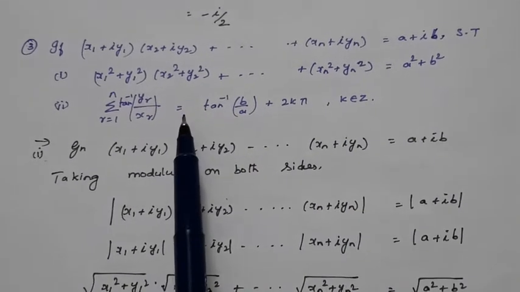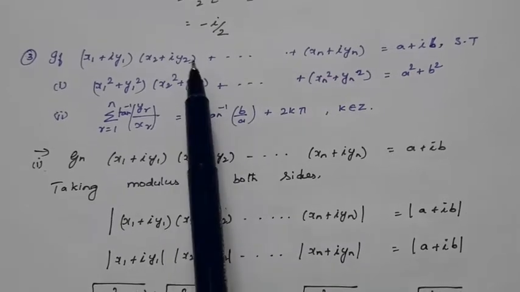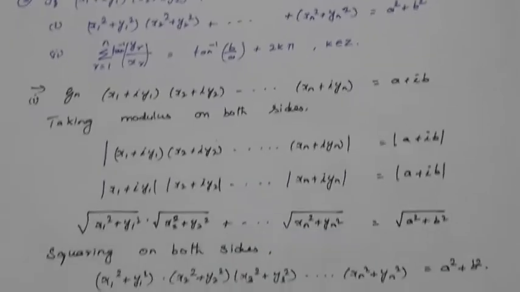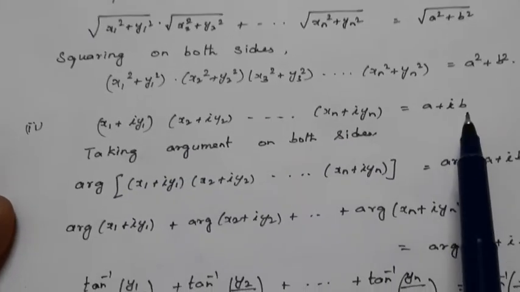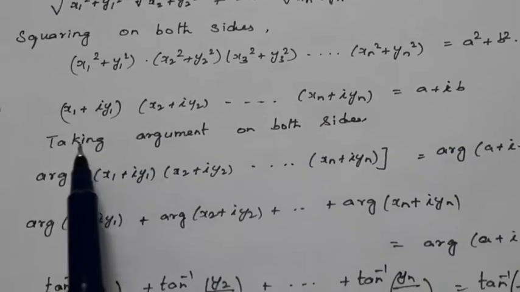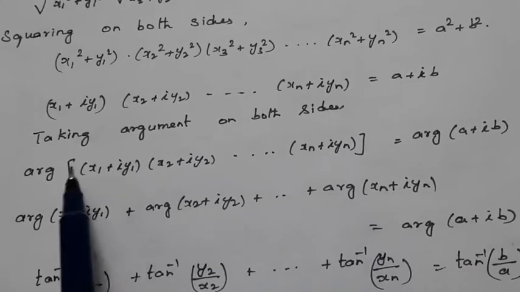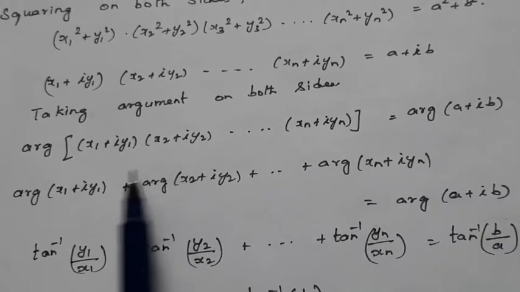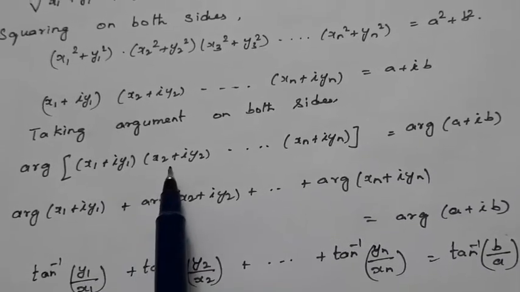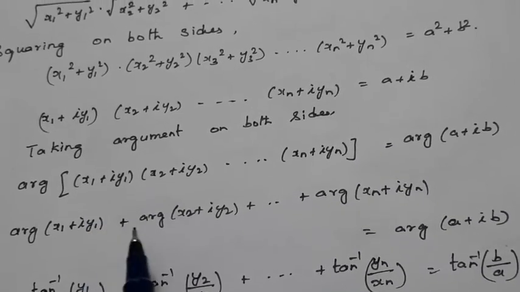Now in order to prove the second one, let us take the argument of the given condition. Again, the given condition is that the product of these complex numbers is equal to a complex number a plus ib. So taking argument on both sides, the argument of the product is equal to the argument of a plus ib. Now what is the rule for the argument of a product of complex numbers? It is equal to the sum of their arguments.